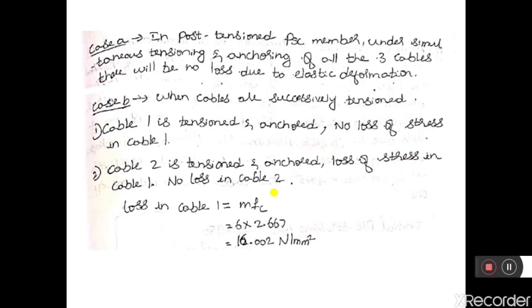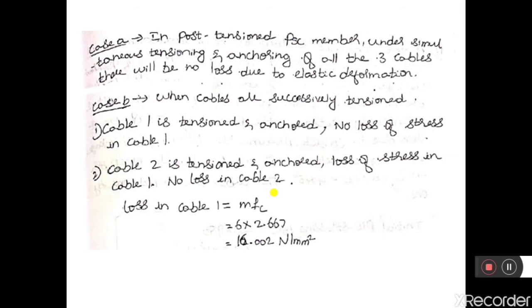These compressive stresses acting on both the ends of the beam will try to further shorten the concrete member. So there may be some shortening in the length of the concrete member due to the stresses developed on both the faces of the member.